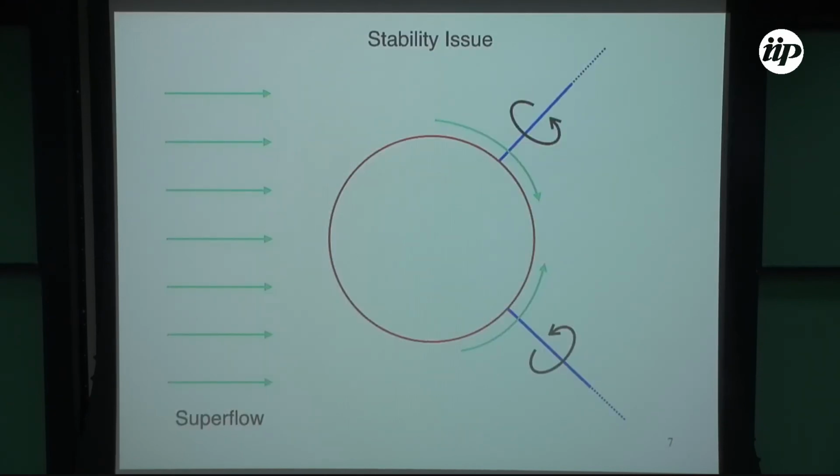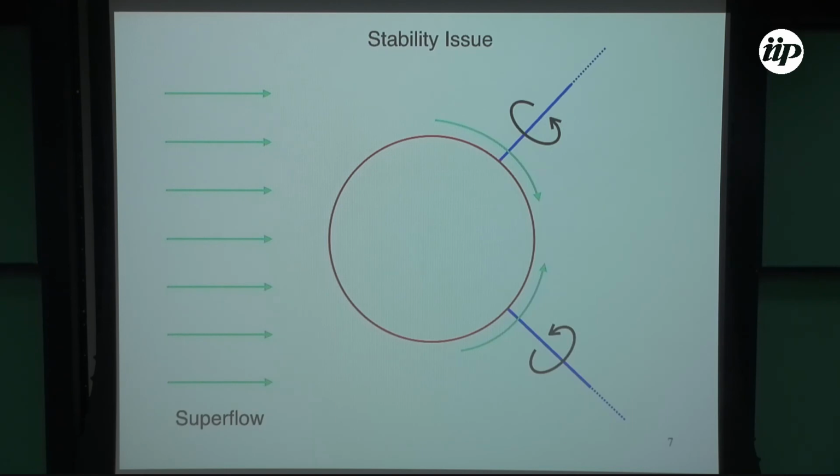Okay. So getting back to the paper I mentioned by Sergeev and others, I think there is a stability issue here. Maybe I would like to hear from you what you think about that. This is a particle, and you have here the vortex strands. If you consider a superflow approaching the particle from the left, of course the superflow will surround the particle in this way, and we know that the no-slip boundary condition doesn't apply for this problem.